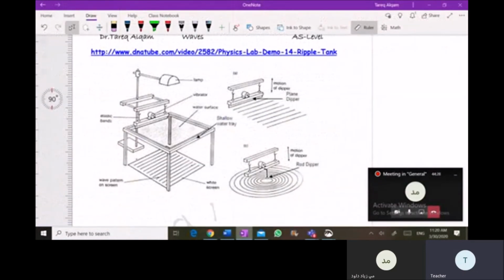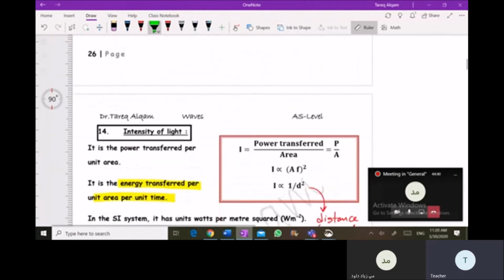Here we may use a plane dipper to produce plane waves. I may use a rod dipper or spherical dipper to produce circular waves.